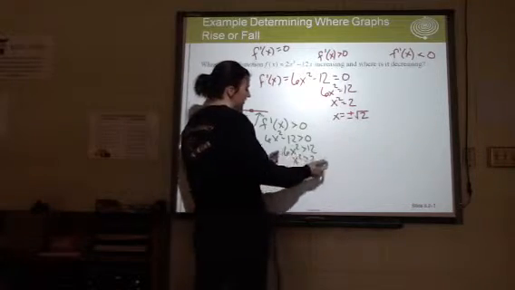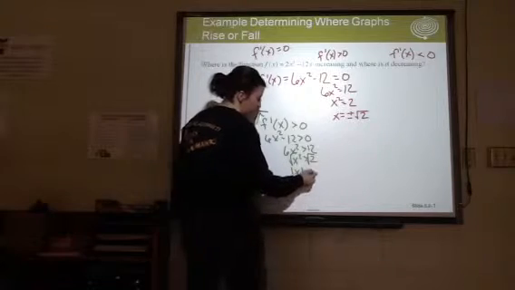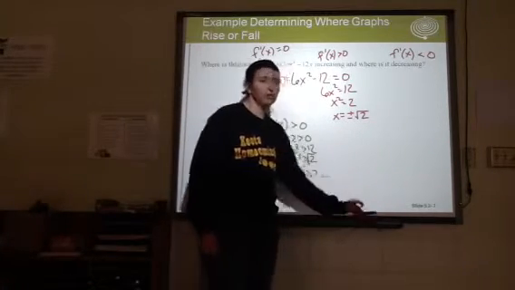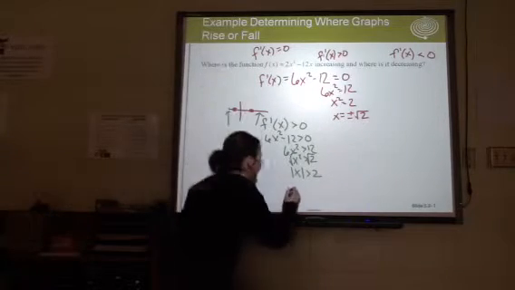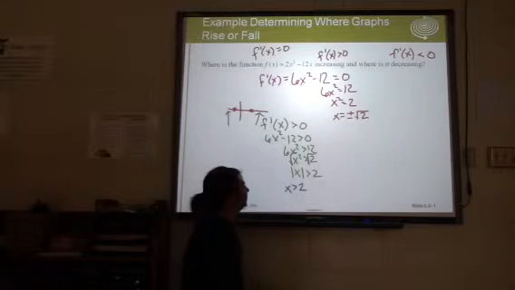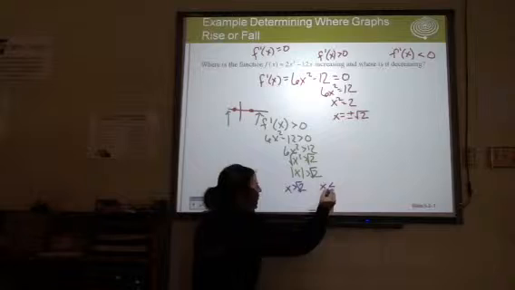As you split up this, you get the absolute value of x is greater than the square root of 2. But you have to split your absolute value, and when it's greater than, it splits up into, oops, I forgot my square root symbol.